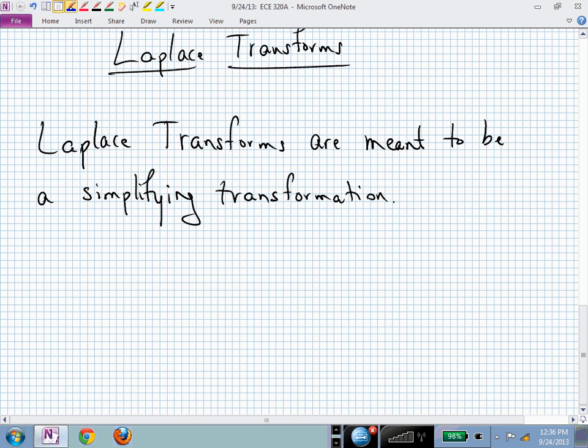What that allows us to actually do is move back and forth between the time domain and the frequency domain.